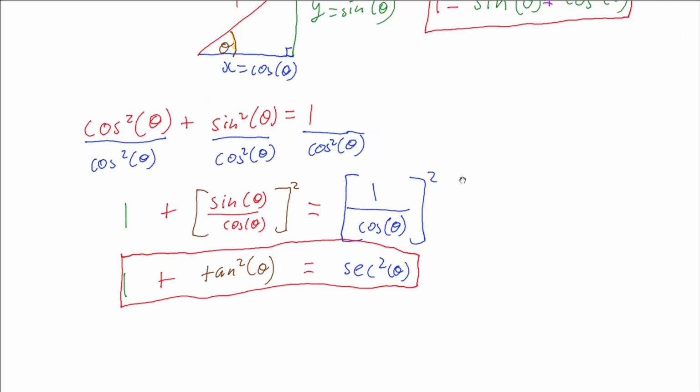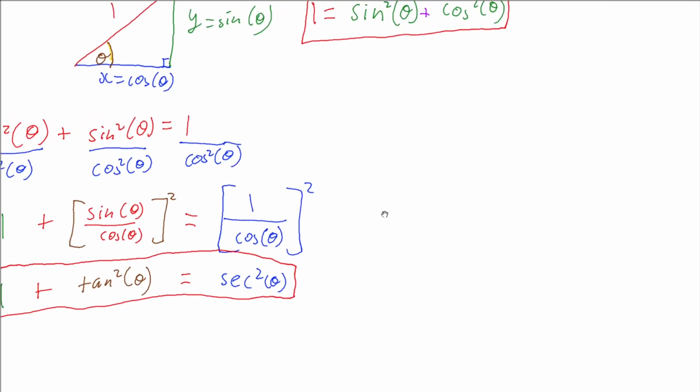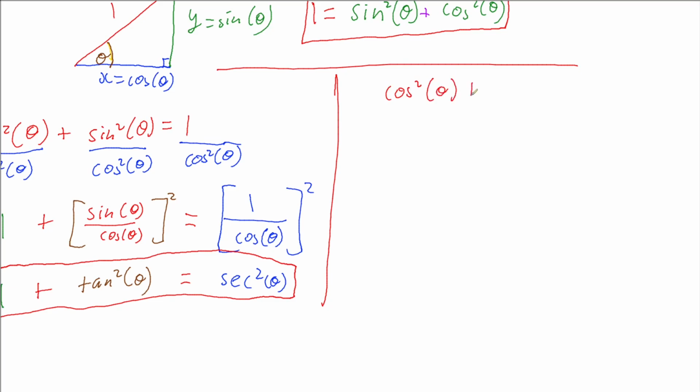So let's see if we can get the third one. There is one more that we can get out of this, and it comes from doing the same thing. So if I have a look again at cos squared theta plus sine squared theta equals 1. But this time, instead of dividing by cos squared, I'm going to divide by sine squared of the angle.